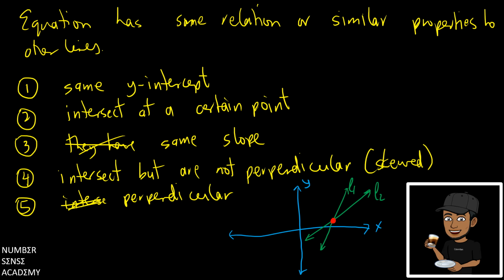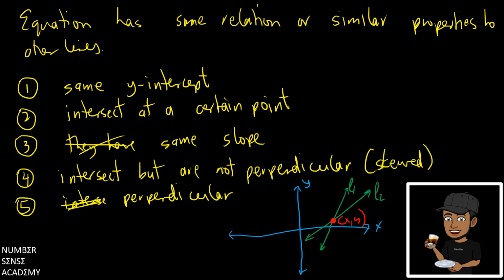The other thing is that they're both positively sloped lines, except one has a sharper slope than the other one. So L1 has a sharper slope than L2. But they meet at whatever this point is. Okay? So these are not perpendicular.